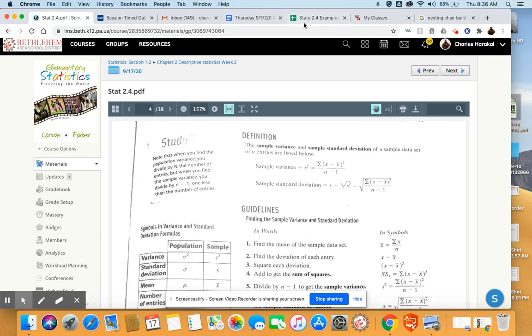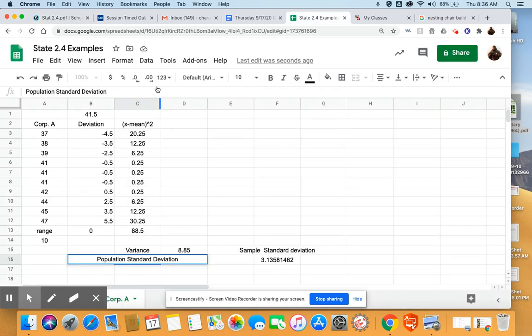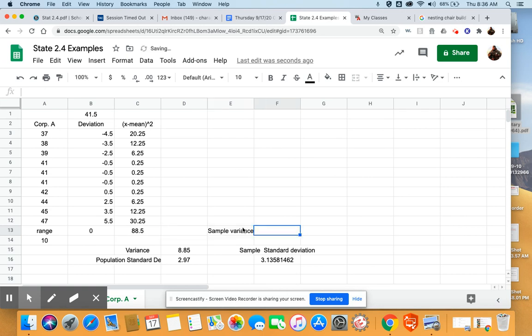So if we look at our sheet here, when we divided by 10, if we did that same calculation, we'll call it sample variance, type in equals this number, 88.5, we would want to divide by n minus 1. 10 minus 1 is 9.